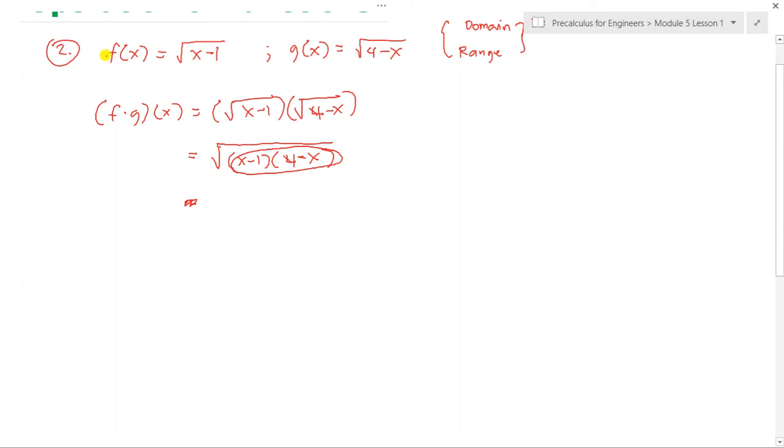And for the range, it is the same: test the interval you got from the domain, plug it back into our function, and look at the minimum and the maximum value of our y. That would be the interval of our range.